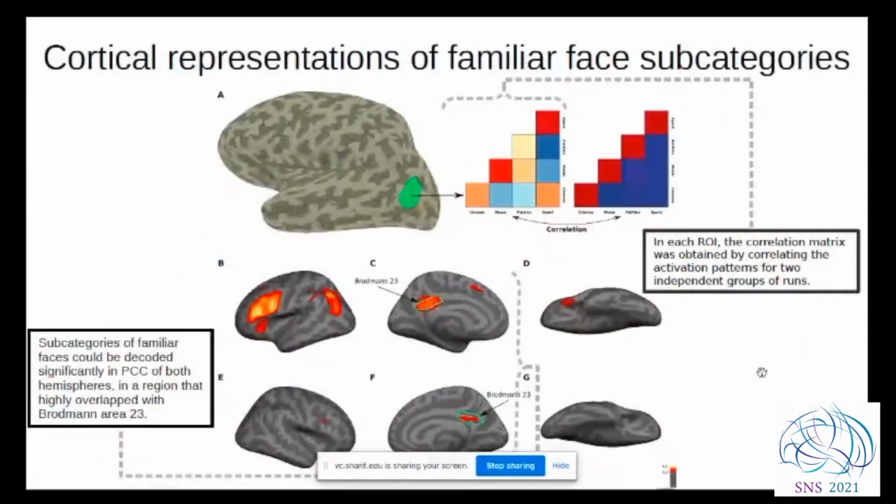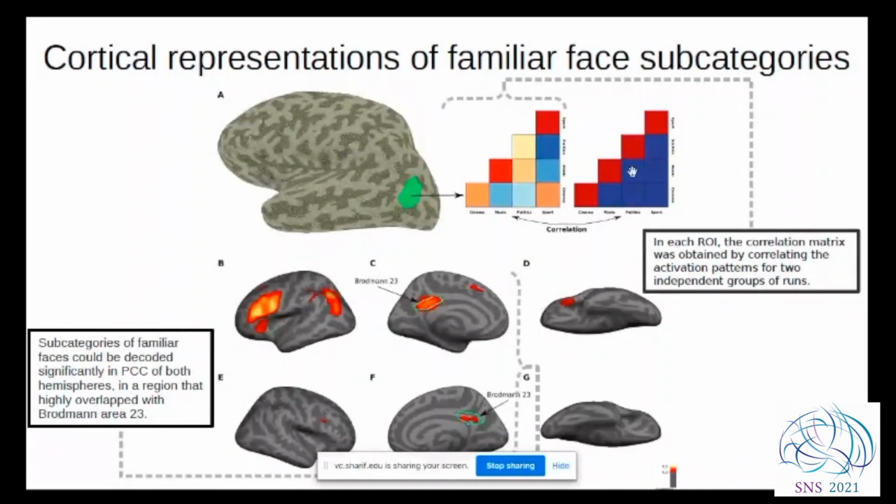So here I'm showing that procedure again. For each searchlight ROI, we have a correlation matrix, and we compute the correlation of this matrix with a model matrix.